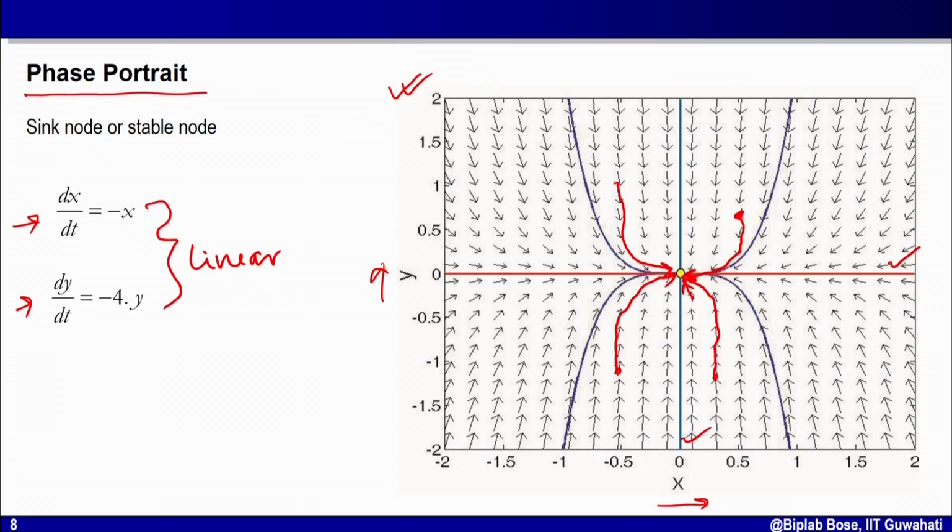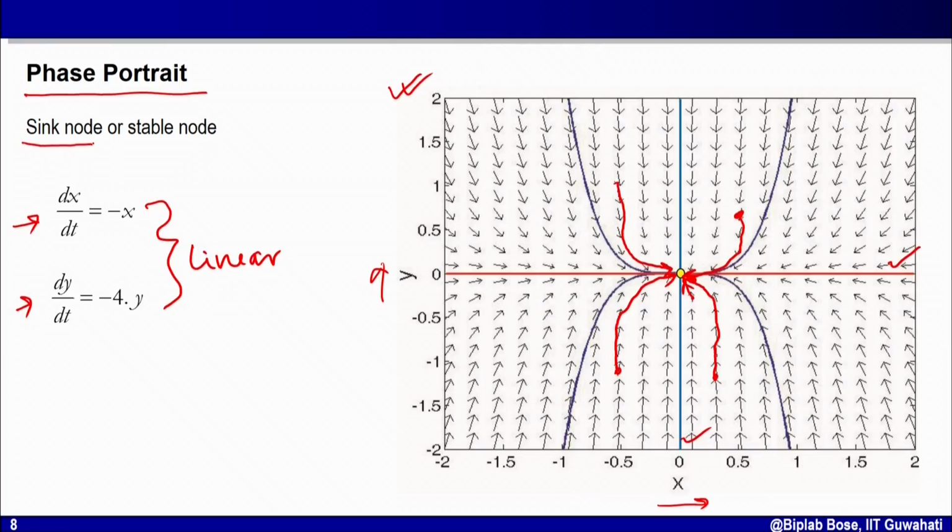That means this is a stable steady state. And all the trajectories are converging there, so this steady state is sometimes called a sink. So this is called sink node or stable node.